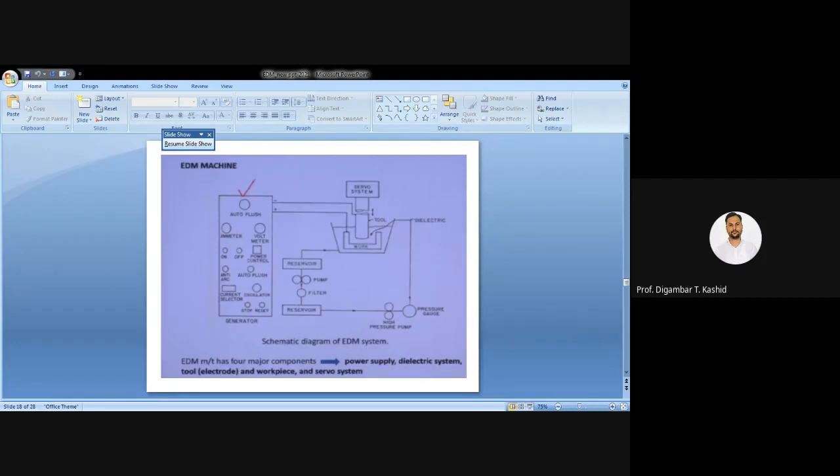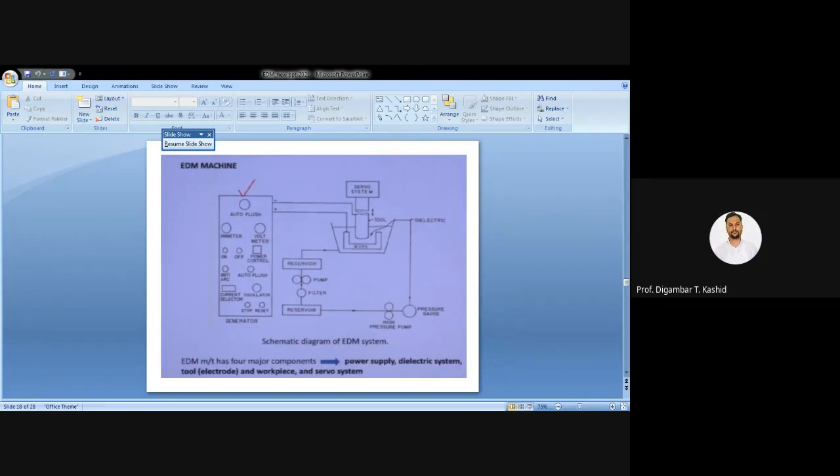It should have high dielectric strength, so it should not break down easily. It should remain electrically non-conductive even with a very high potential applied, until the required breakdown voltage between your electrodes is attained.